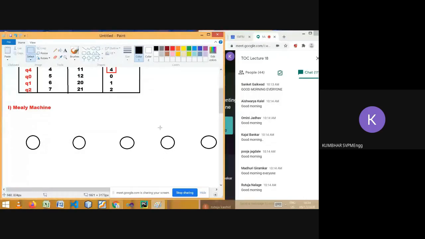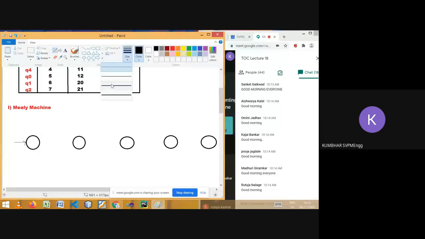Please remember this. No final state. No state is final because every state is giving the output. Either it may be a 0 or 1, but every state is producing the output. So no final state.